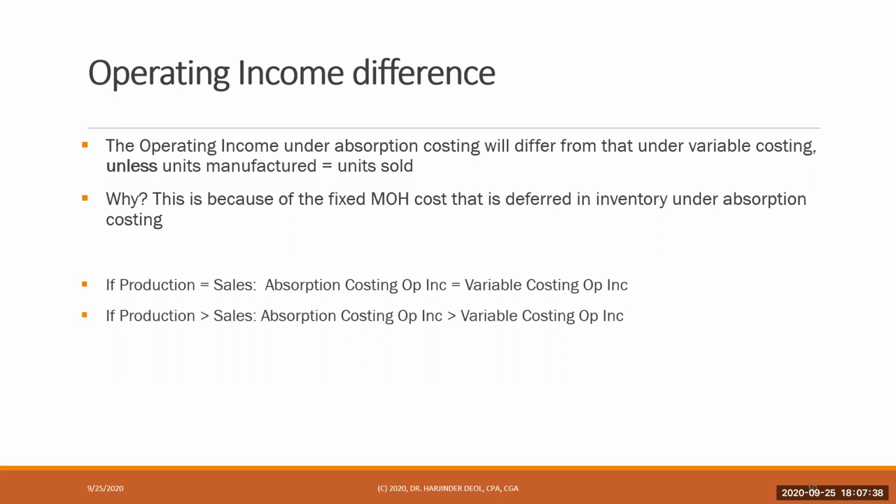If the number of units produced is greater than the number of units sold, then because a portion of the fixed manufacturing overhead gets deferred in ending inventory and not charged as an expense for the current period, the operating income under absorption costing will be higher than that under variable costing. If the reverse were true, the operating income under variable costing will be greater than that under absorption costing.